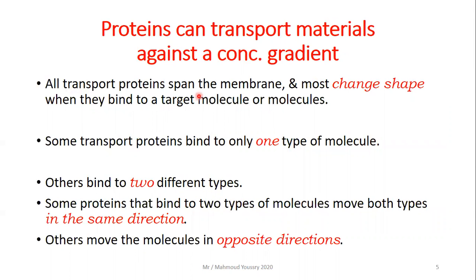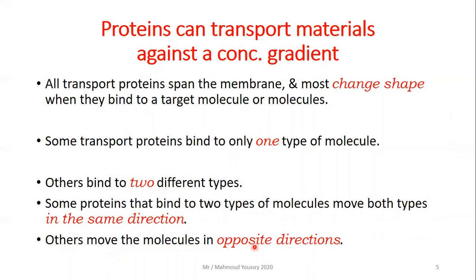All transport proteins span the membrane, and most change shape when they bind to a target molecule or molecules. Some transport proteins bind to only one type of molecule. This is like the enzymes, while others bind to two different types. Some proteins that bind to two types of molecules move both molecules in the same direction.